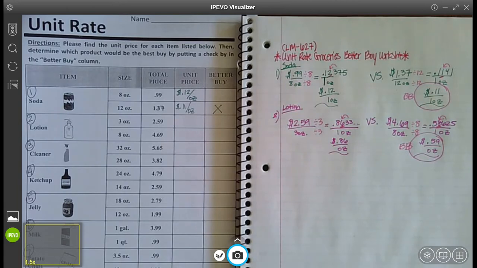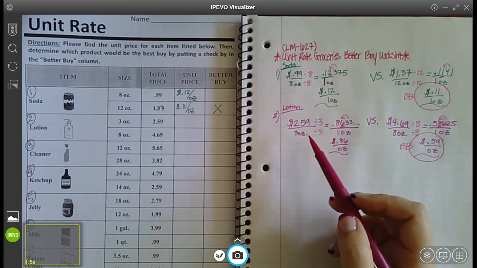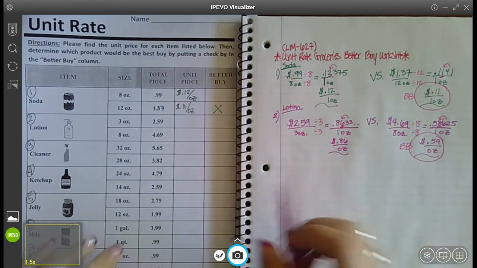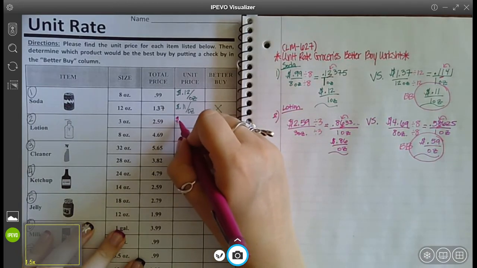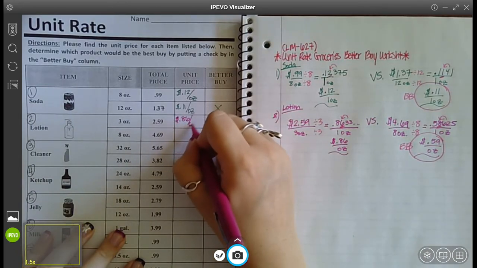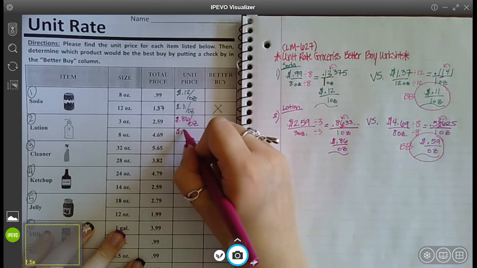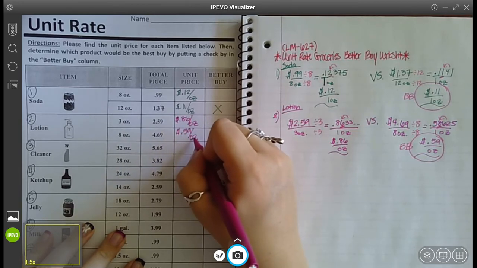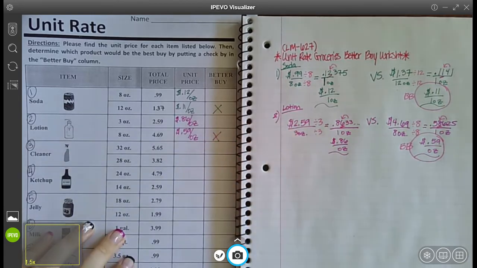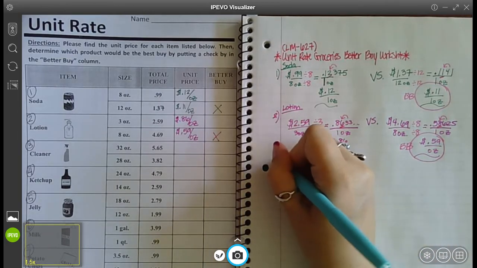So on my paper, the $2.59 for 3 ounces has a unit rate or unit price of 86 cents per ounce. The other one had a unit price of 59 cents per ounce, and we said that one was the better buy. Okay, most of them continue in the same way, with the exception of number 6, which is a little bit tricky.